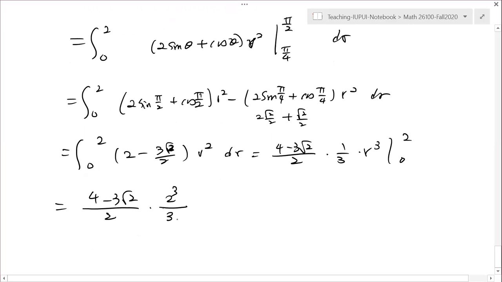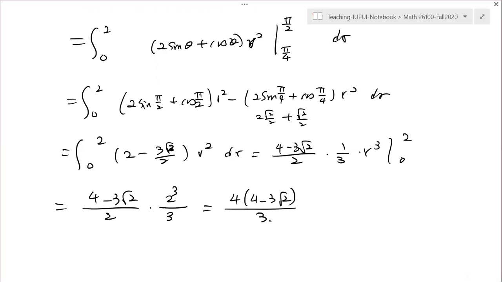You can simplify a little bit, so the 2 cancels out. You get 4 minus 3 square root 2, divided by 3. That's our answer. Yeah, that's the correct answer. I think using polar coordinates is much simpler.